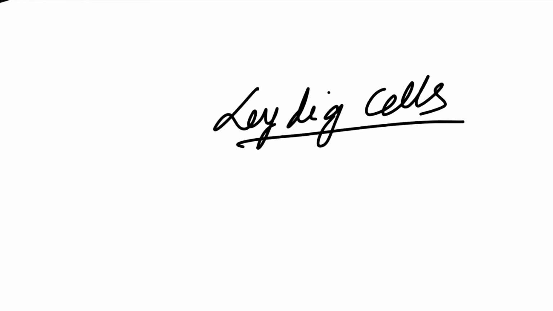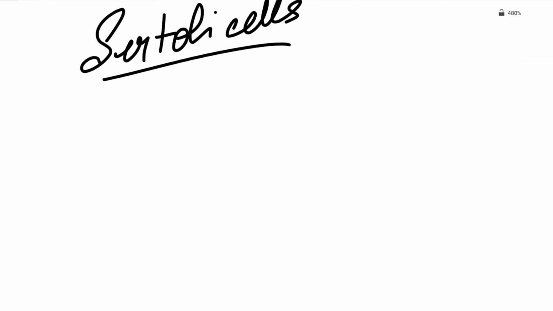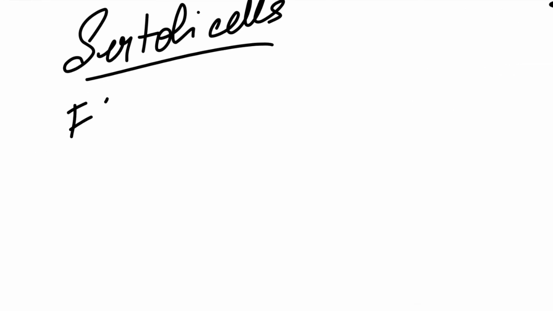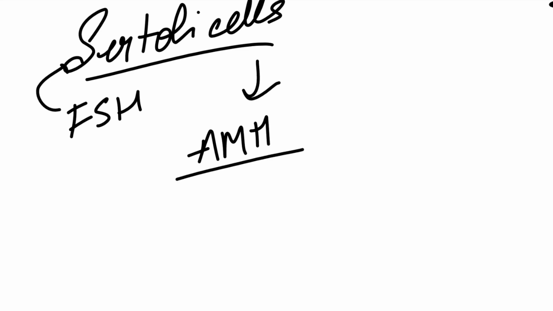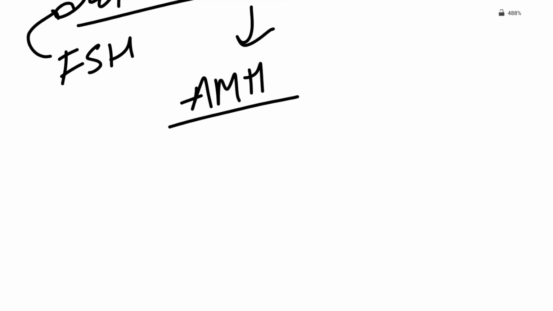The Sertoli cells, under the influence of FSH, are going to secrete a hormone known as the anti-Mullerian hormone. We are talking about the male part first.